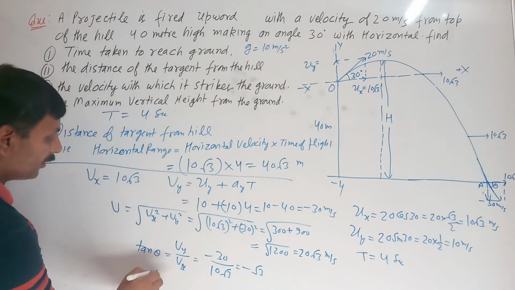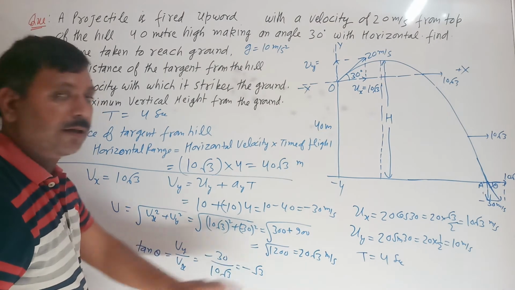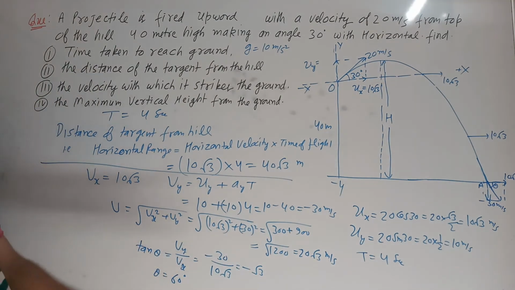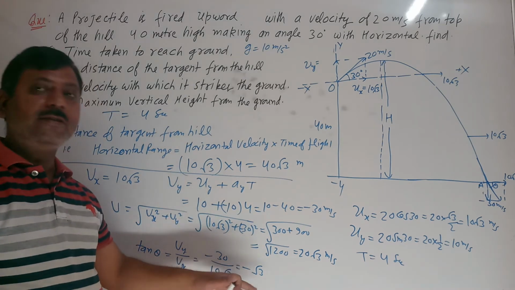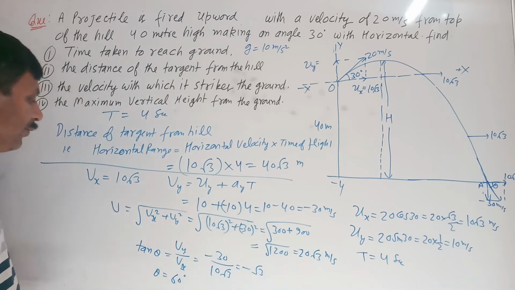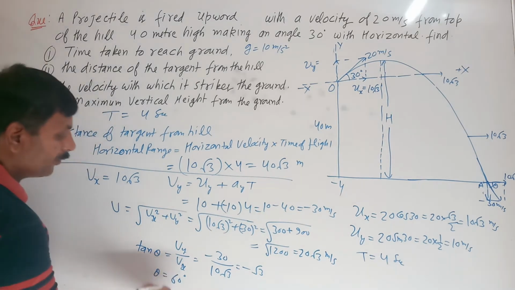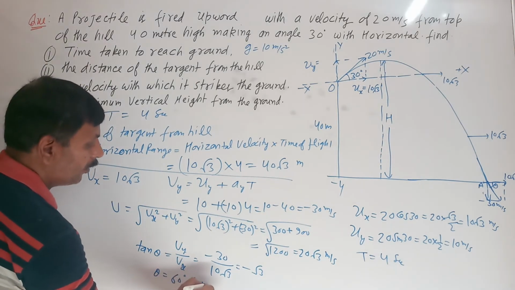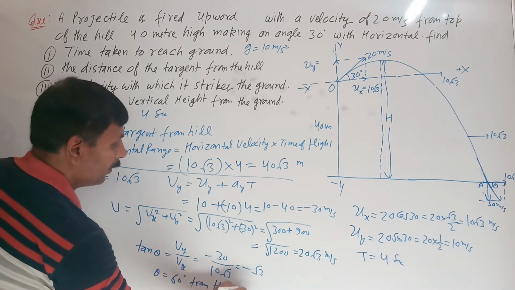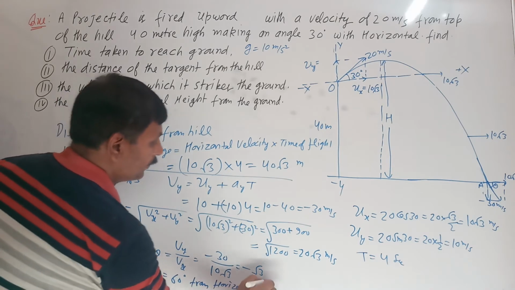That's why theta is 60 degree from the horizontal, because the minus sign indicates that it is downwards. Upward it will come positive. So theta is equal to 60 degree from horizontal downward.